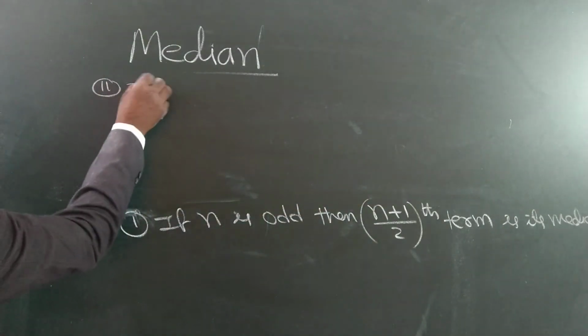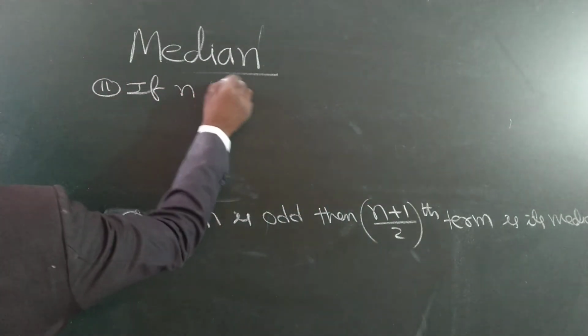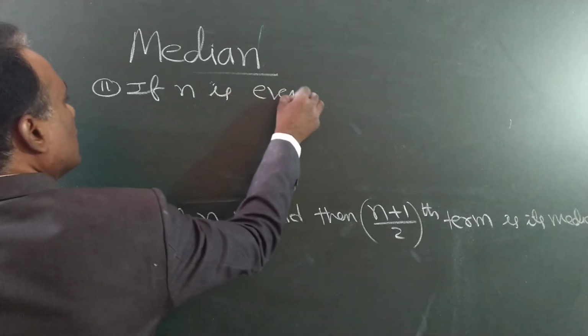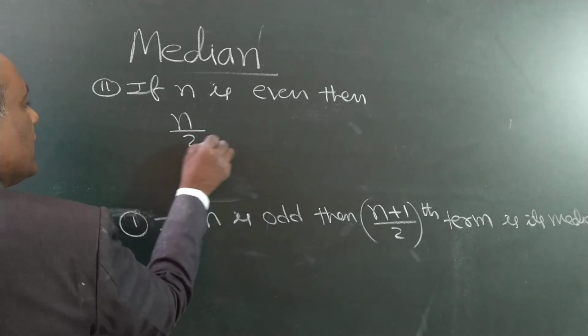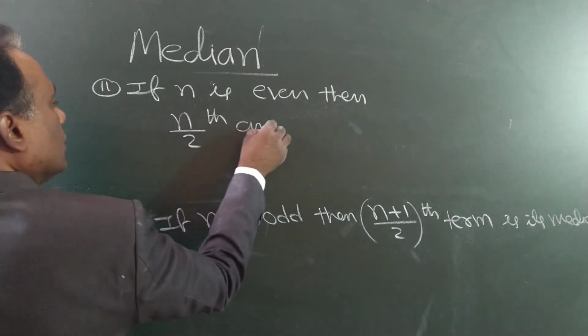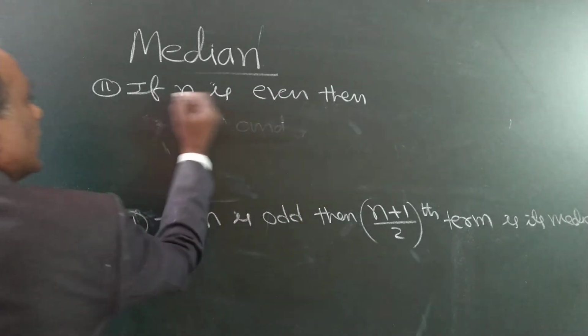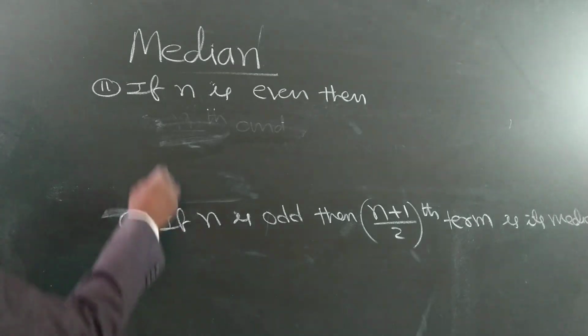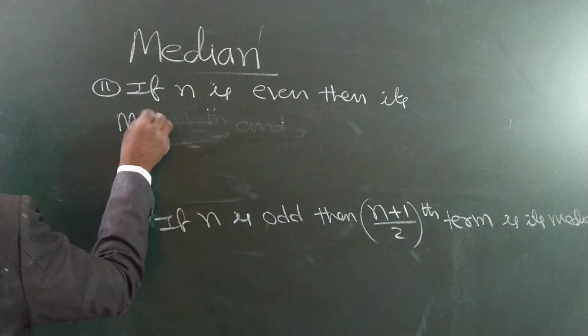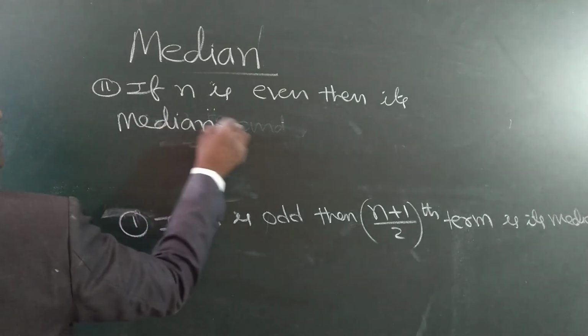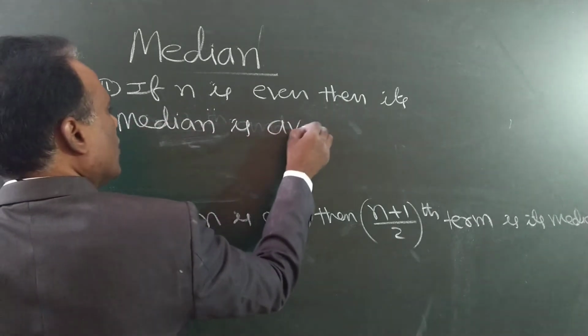Case 2. If n is even, then its median is the average of the n by 2th term and the n by 2 plus 1th term.